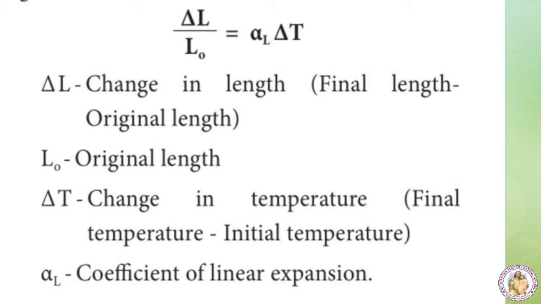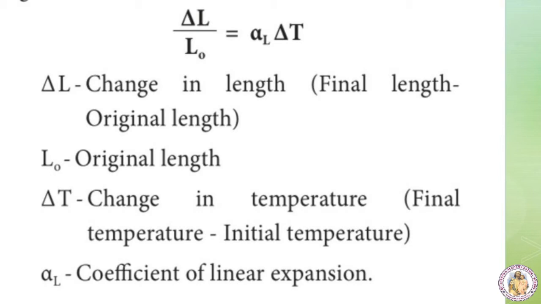Next is delta T. What is delta T? Change in temperature, final temperature minus initial temperature. So for example, the initial temperature is 32 degrees Celsius. After increasing the temperature only there is change in length. Okay, so you are increasing from 32 degrees Celsius to 33 degrees Celsius.